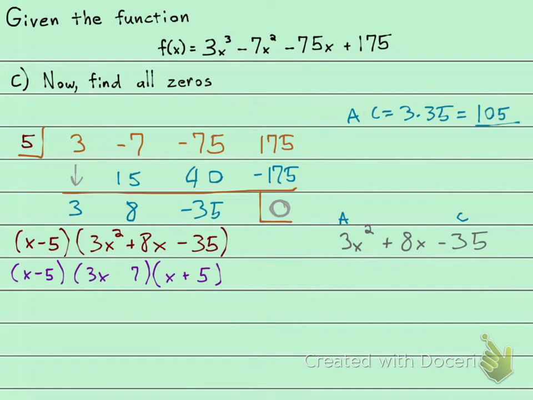Now I list all of my possible factors of 105, so it could be 1 and 105. 105 divided by 3 is 35. 4 doesn't work. 105 divided by 5 is going to be 21. 105 divided by 6 doesn't work. 105 divided by 7 is 15. 105 divided by 8 doesn't work. 105 divided by 9, it's a decimal. 105 divided by 10, I know that's not going to work.